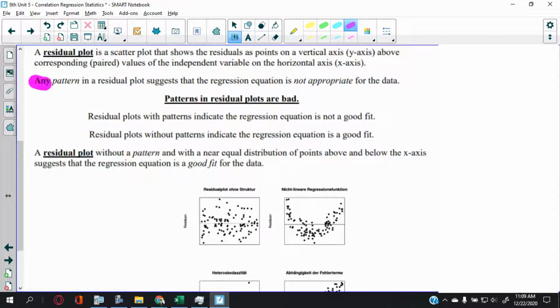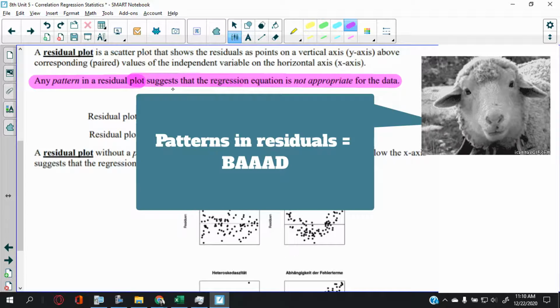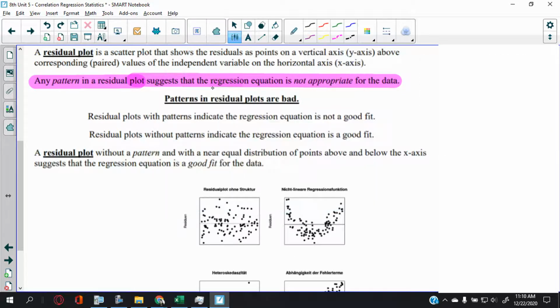If you see a pattern in a residual plot, it means that the regression equation is not appropriate for the data. So it's a bad thing. You don't want to see a pattern because what it means is that your equation is not that good at reflecting the data.